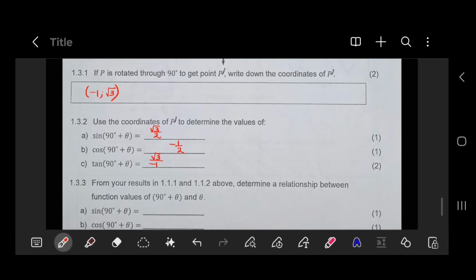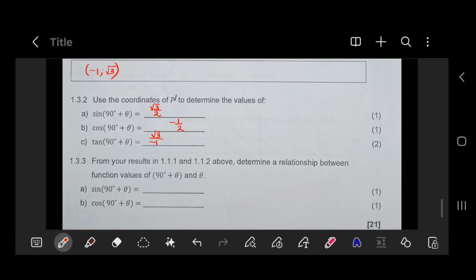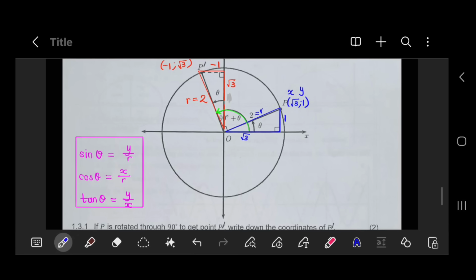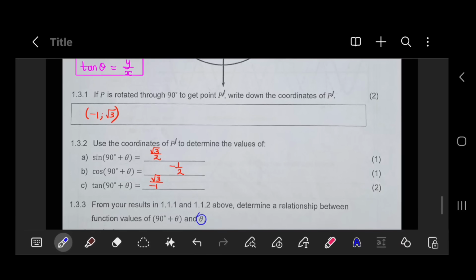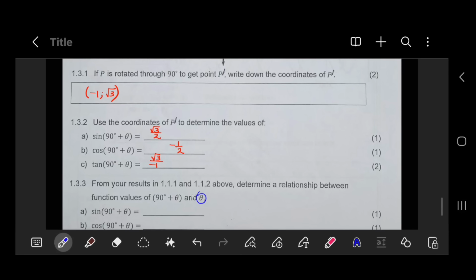1.3.3 says, from your results in 1.1.1 and 1.1.2 above, determine a relationship between the functions of 90 plus theta and theta. Since they mention that we need the relationship with theta, theta lies in the blue triangle, so that is what we're going to use. The first thing we want is something from the blue triangle that is equal to sine of 90 plus theta.